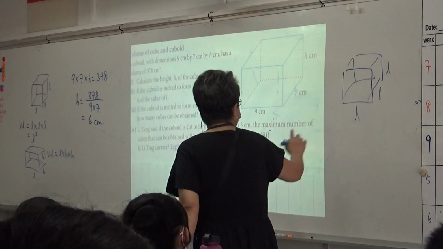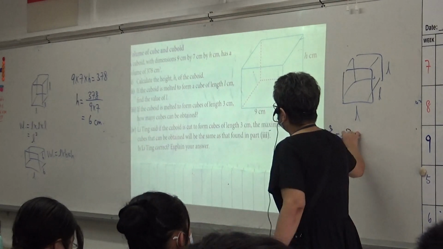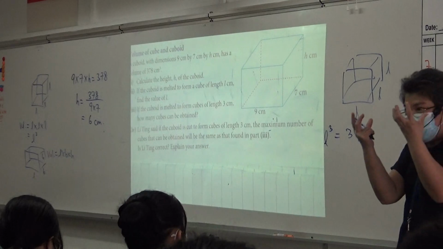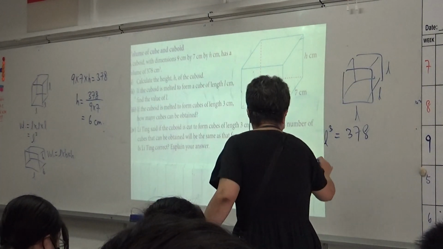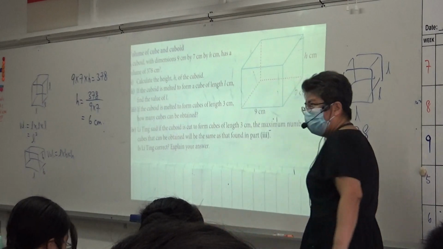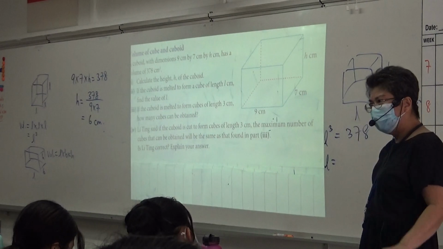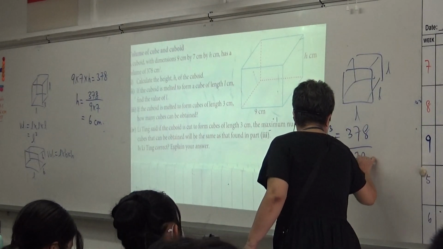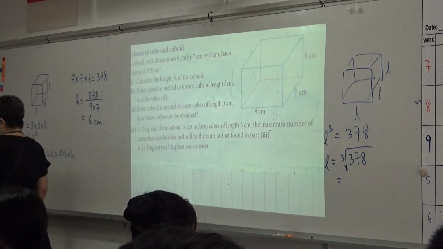Now, so part 2, I will have L cube must give me 378, right? I melt the whole thing to become a cube, so the volume must be the same. So 378. How do I find L? Divide by 3 or cube root? Cube root, okay. All of you key in your calculator. You must know how to key in your calculator.